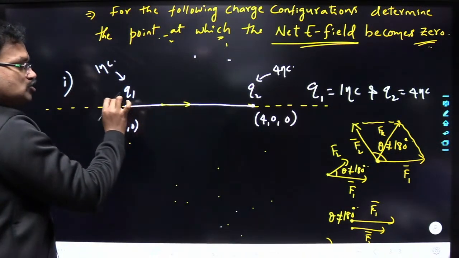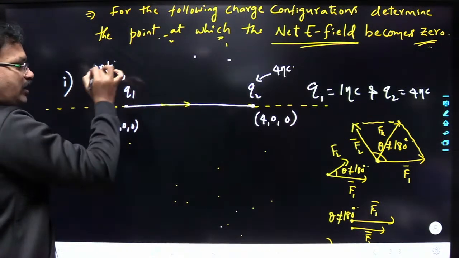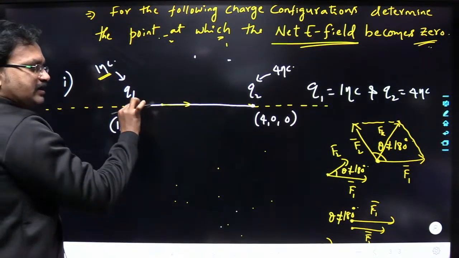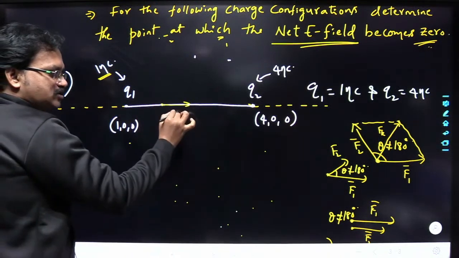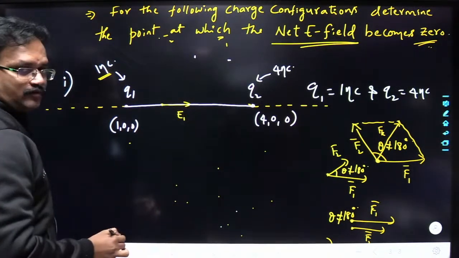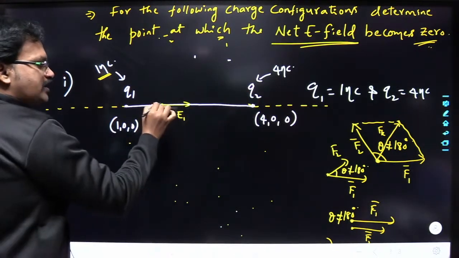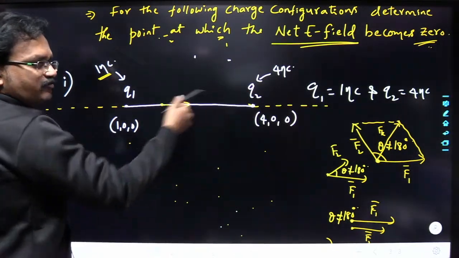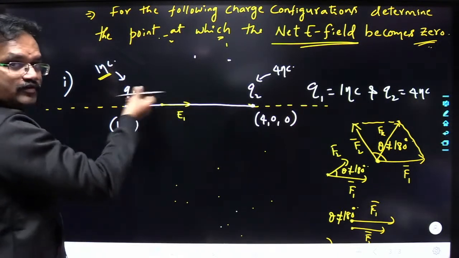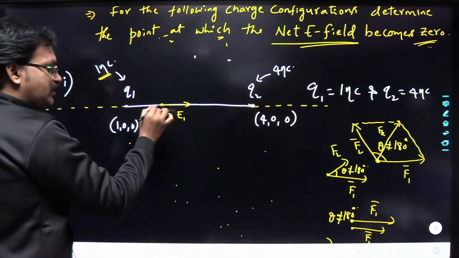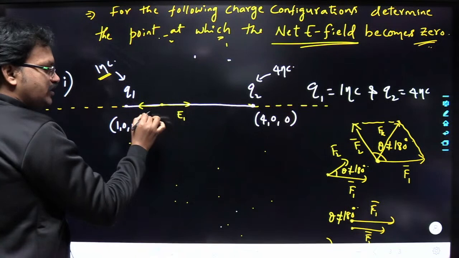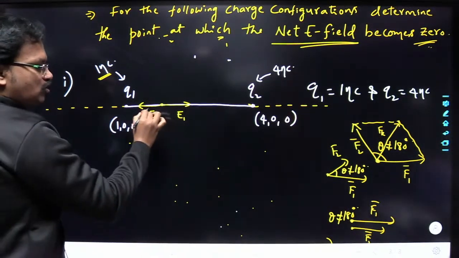Q1 is positive, that is 1 nanocoulomb, so the electric field due to Q1 is going to point in this direction. This will become E1. Now due to Q2 at this point, the electric field is going to point away from Q2, in this direction.